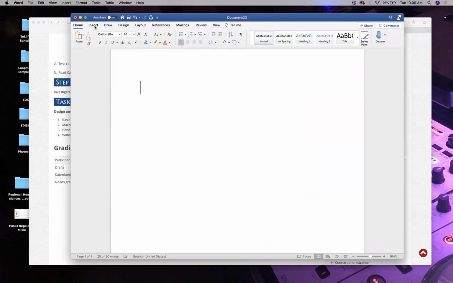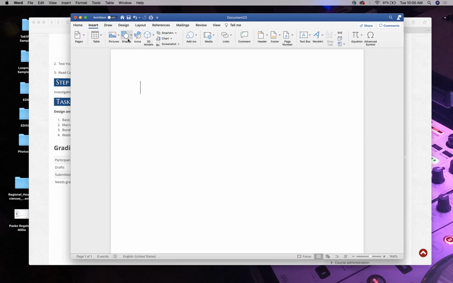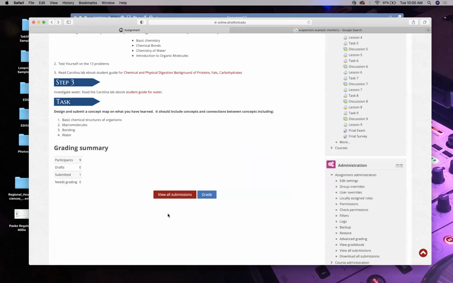Here you say draw, you can draw it using that, or insert, you can put shapes. Let's say I want a circle here, and let's call this lecture 2, chemistry. And then what are my 4 things? Basic structure of chemical organisms, right?